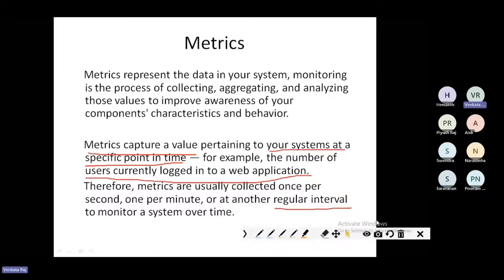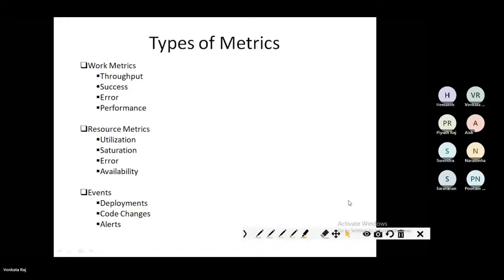Now, as I was telling you guys, our metrics are of different types. The first one is work metrics, or the application metrics. The application is doing the work for us.